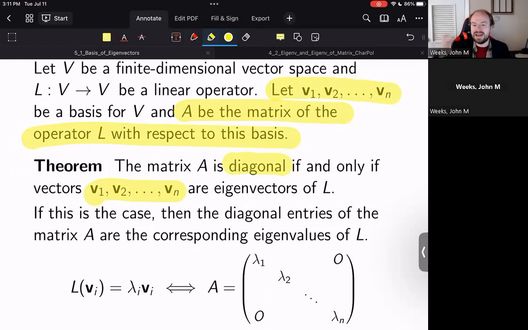So we had to have enough eigenvectors to fill up this finite dimensional vector space. These eigenvectors, as we see up here, had to be a basis for V in order for us to even talk about things in this theorem. In particular, going beyond the theorem now, when we don't have a basis, we can't talk about a matrix of an operator with respect to the collection of vectors that we have.